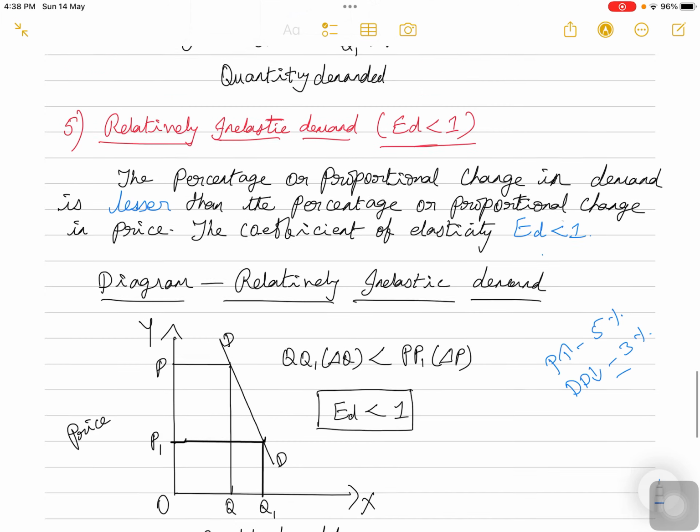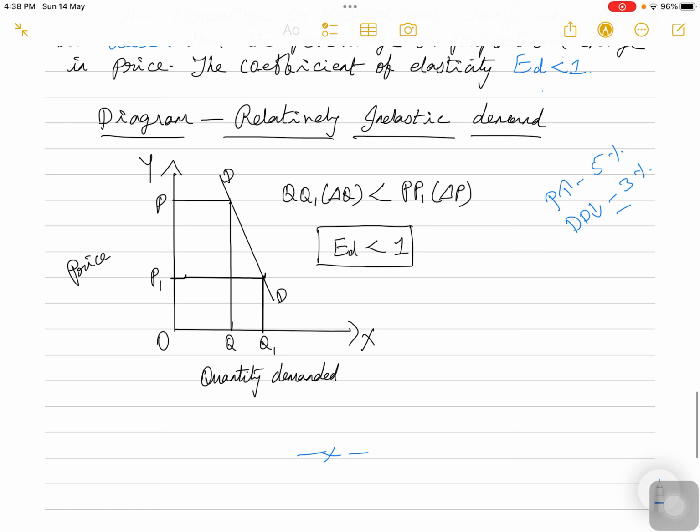If you observe the diagram, what you are finding here, you can see that QQ1, that is delta Q, is lesser than PP1. So this gap is lesser than the PP1 gap, isn't it? So QQ1, delta Q, is lesser than PP1, delta P. That is, the change in quantity demanded is lesser than the change in price of the commodity, and the coefficient of elasticity is lesser than 1.